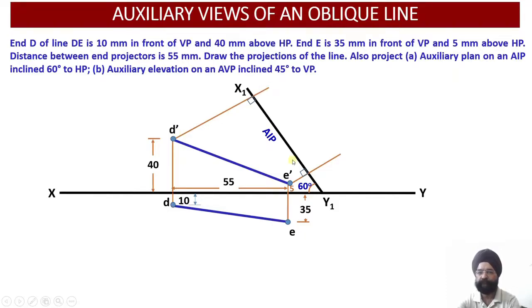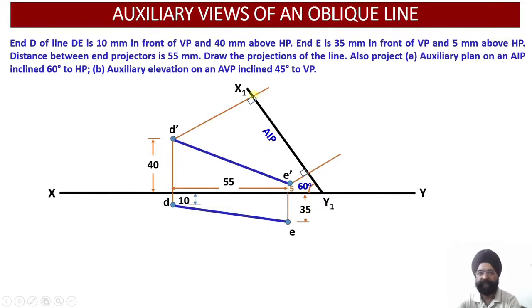Having drawn these perpendicular projectors through D dash and E dash, now we need to measure the distances from the plan and mark them over here. So D is 10 millimeter in front of VP, and E is 35 millimeter in front of VP. So 10 is positive, 35 is also positive.